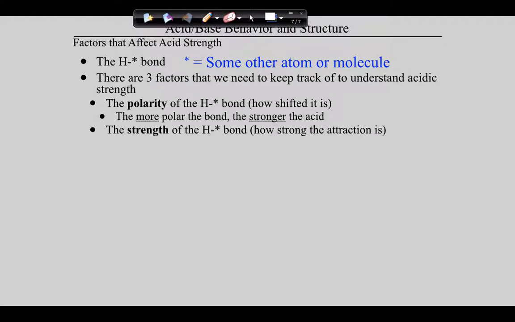So guys, factor number 2 is the strength of the HX bond. And guys, this is where I've run into trouble, because people incorrectly associate strength with polarity. They are different.